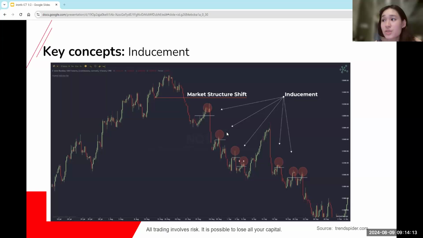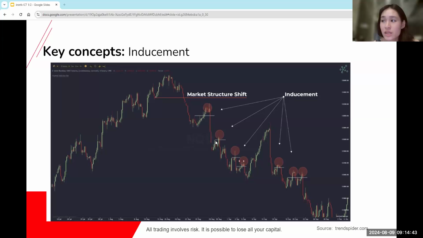In this example, you can see the market structure shift occurs when price breaks below this swing low here, this swing low support. So it's now moving in a downtrend. That's the first point. Secondly, to identify the inducement, price is moving upwards very slightly before reversing back down and breaking out of that very small swing high resistance here.